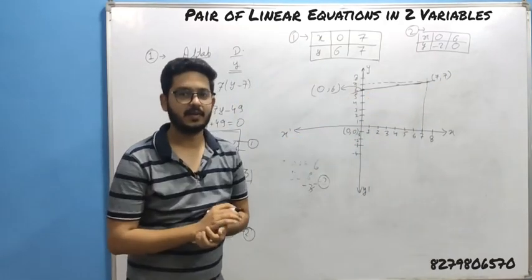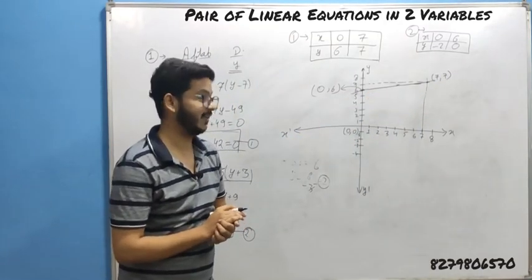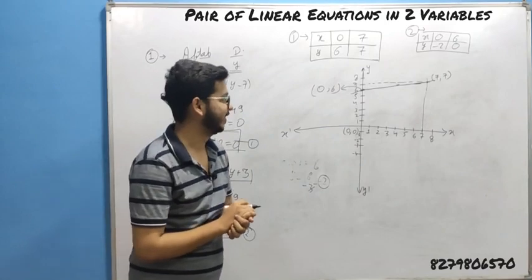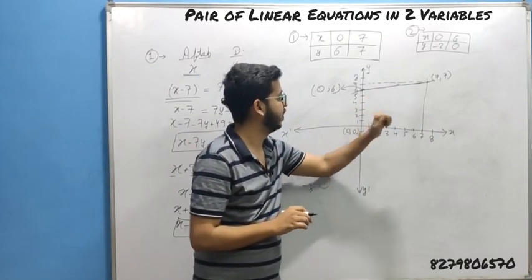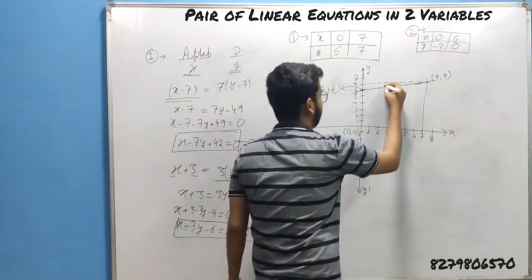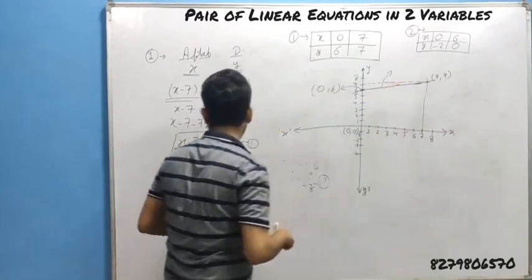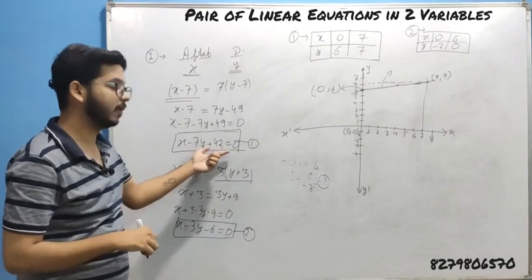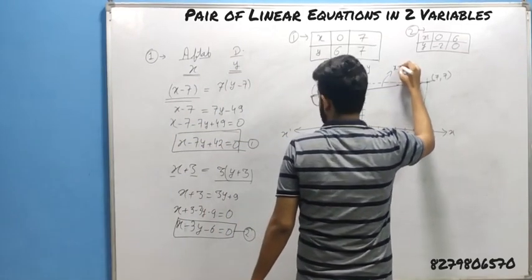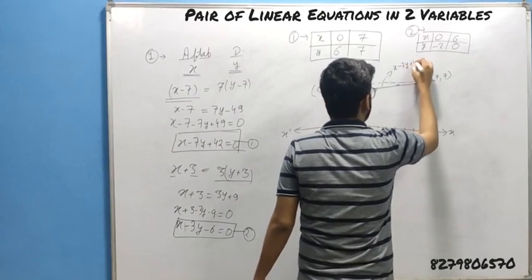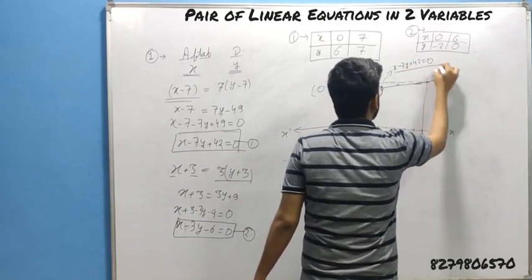I'm not good at all in the art section, so just draw with the scale. So this is the graph of our first line, which is x minus 7y plus 42 is equal to 0.